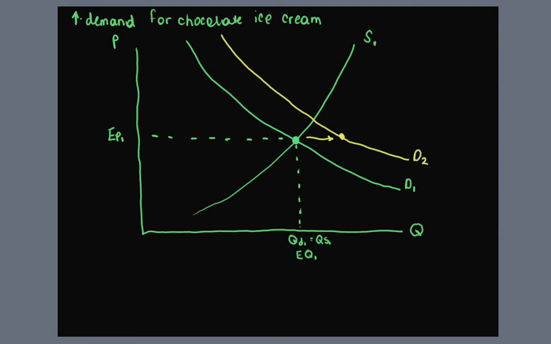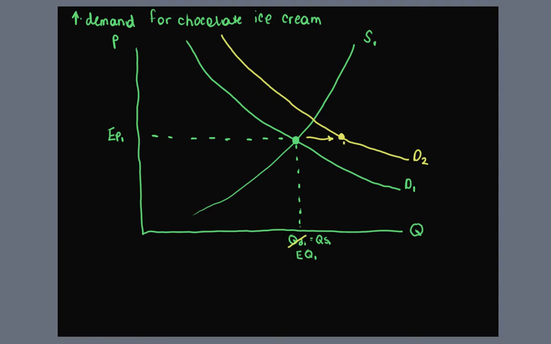Supply has not moved, but now demand has moved. This point down here on the x-axis is where my new quantity demanded exists.